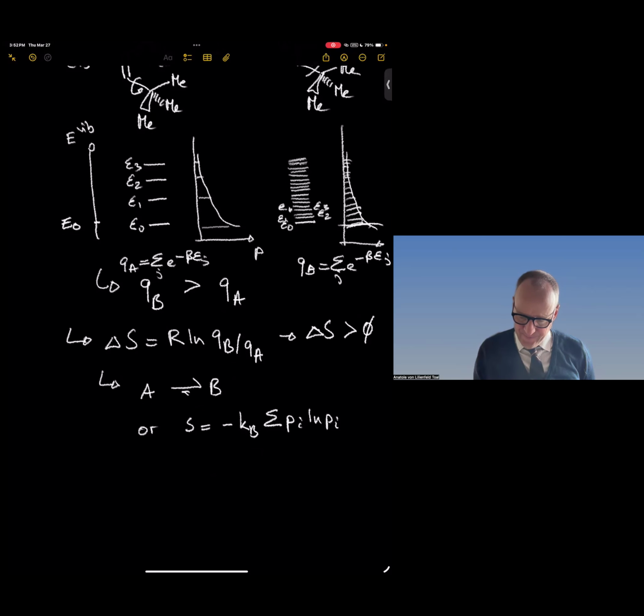So the minus sign cancels with the minus sign of the logarithm of a probability, right? And so the difference between the two states will result from differences in summing all these probabilities, right?